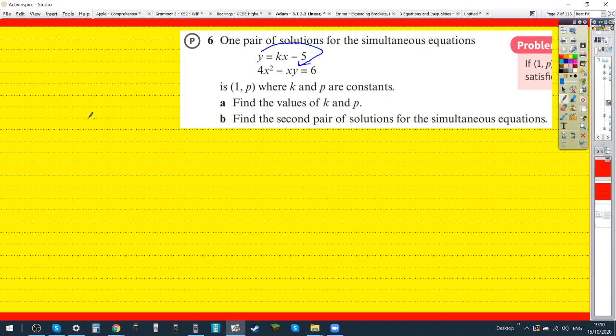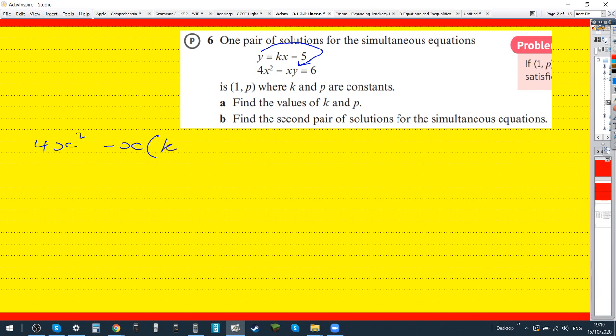So write it out as 4x squared minus x, open brackets, kx minus 5, close brackets, equals 6. So hang on, before we go any further, maybe that's not the best. Maybe I'm wrong.